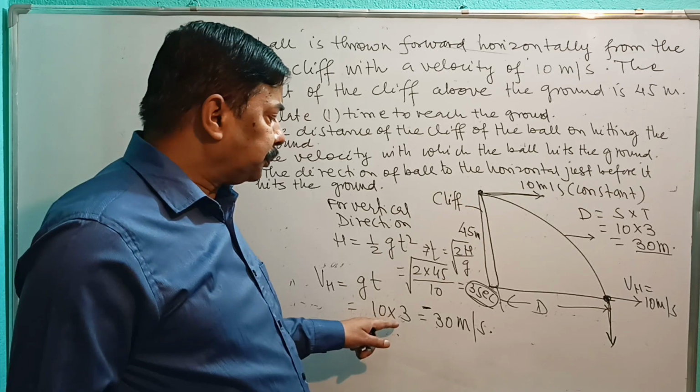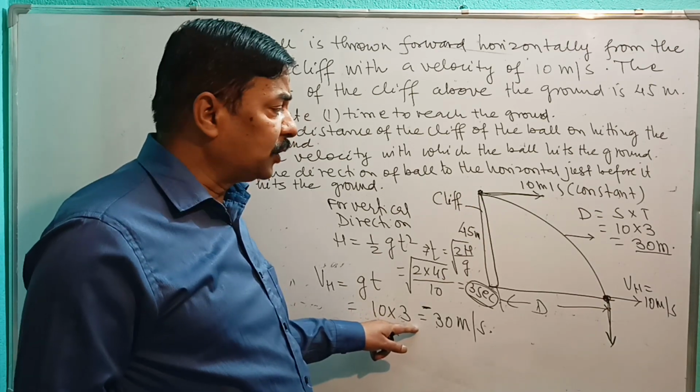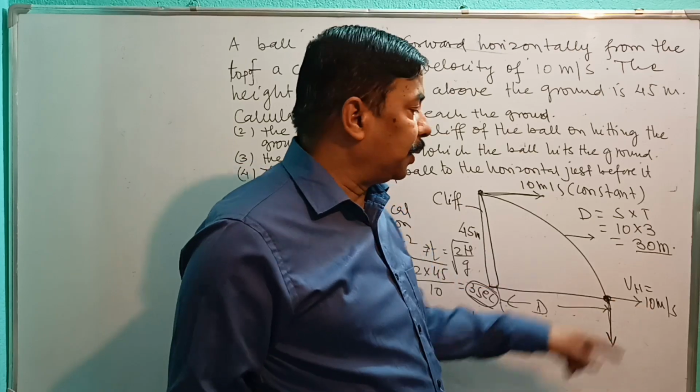So this is the vertical component of velocity and this is the horizontal component of velocity.